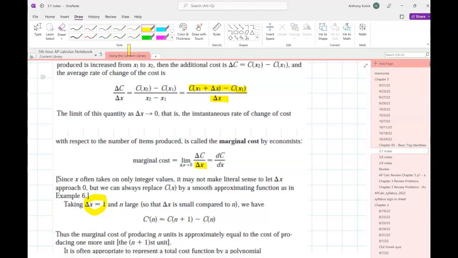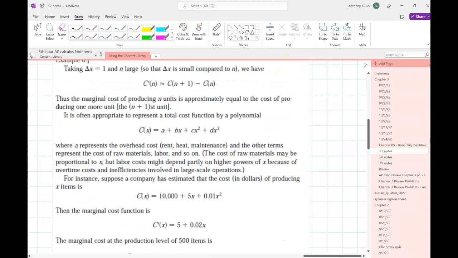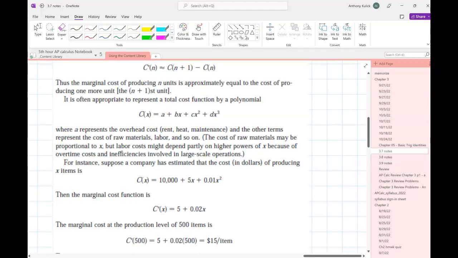That's all that's coming from: the average marginal cost will approximate the instantaneous marginal cost if n is big enough. Approximate, we want to say, but yes. Okay, that's all we're saying there. Thus, the marginal cost for producing n units is approximately equal to the cost of producing one more unit.